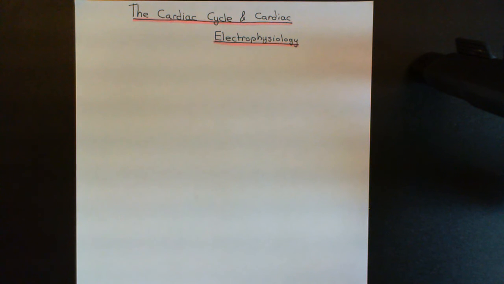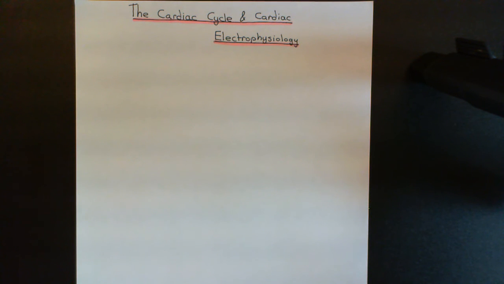Okay, so to begin with, what I want to do is a revision of the anatomy of the heart. The reason I'm going to do this is I'm going to be using a very simple picture throughout this video on the cardiac cycle and cardiac electrophysiology for the heart. And what I want to make sure is clear in everyone's mind is exactly what this picture is showing in terms of a picture that is more anatomically true to the heart.